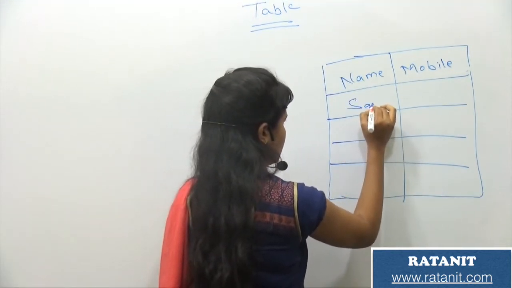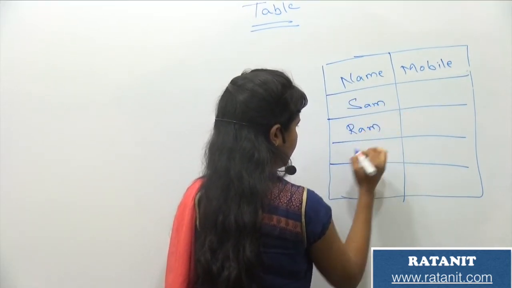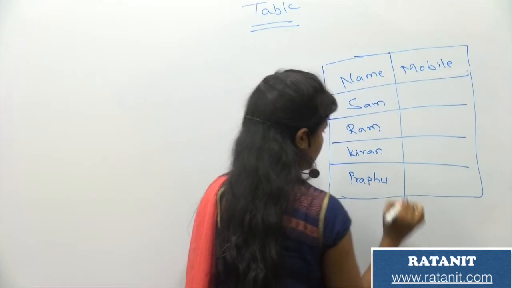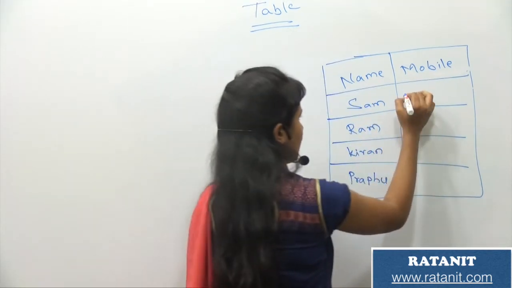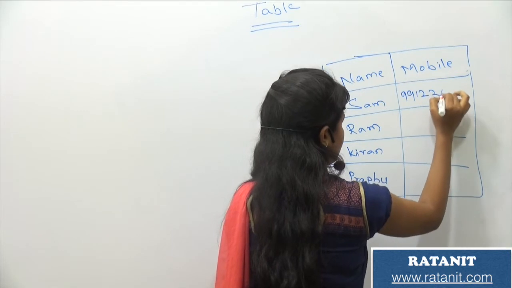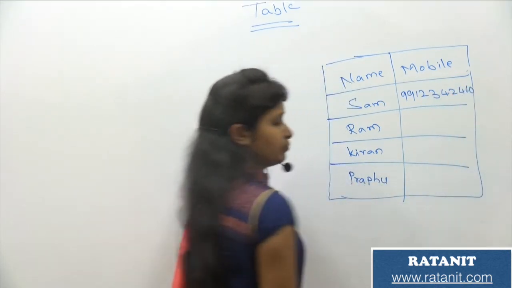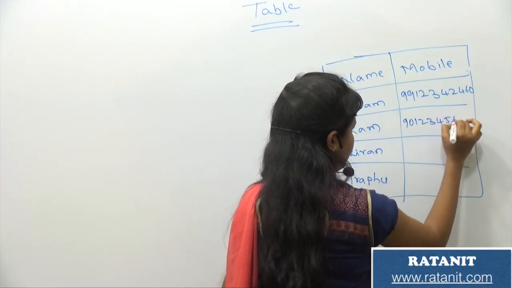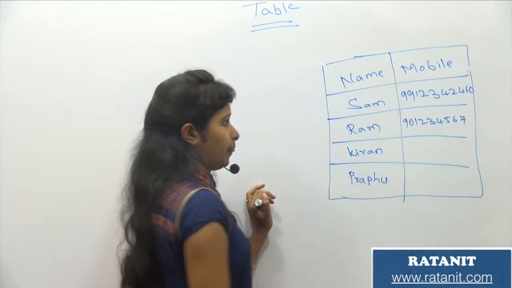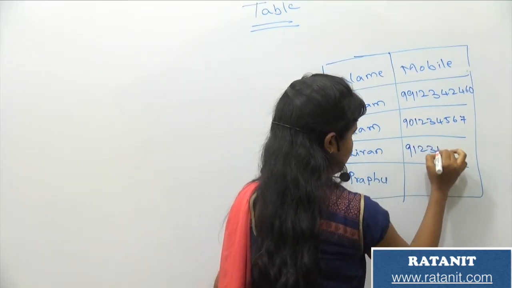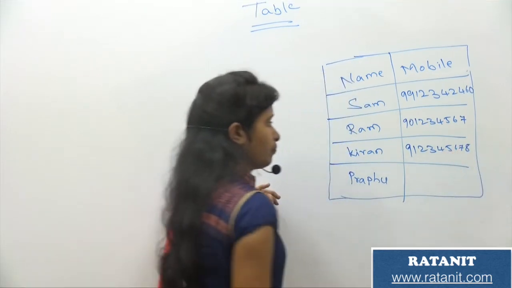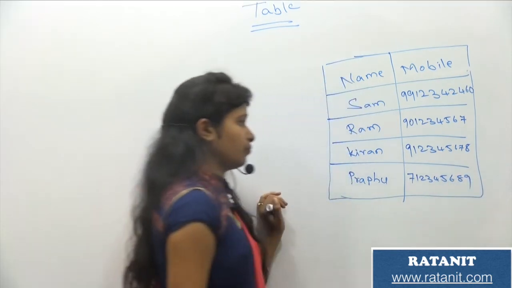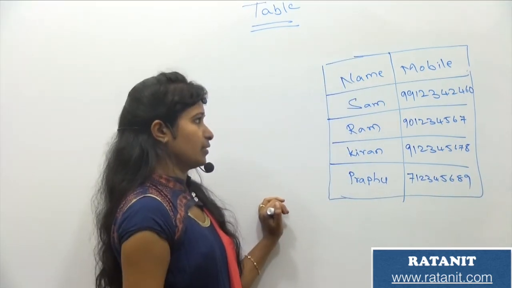Let us suppose Sam, Ram, and so on; they might have mobile numbers like this.